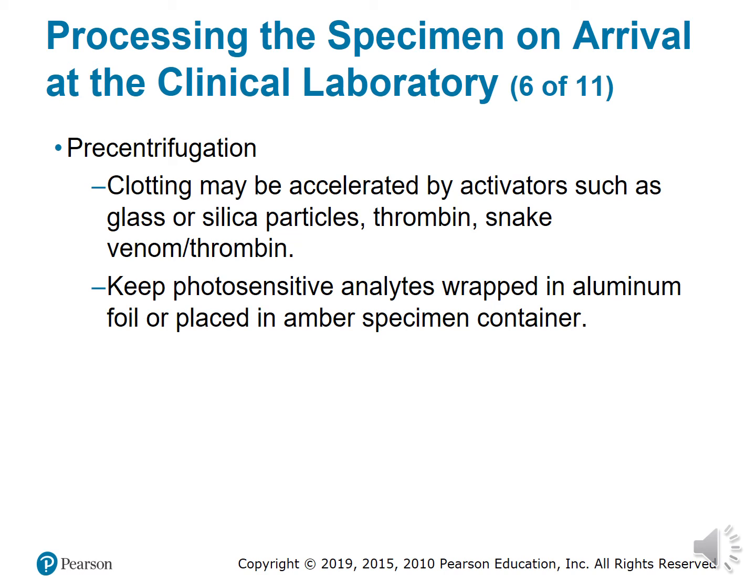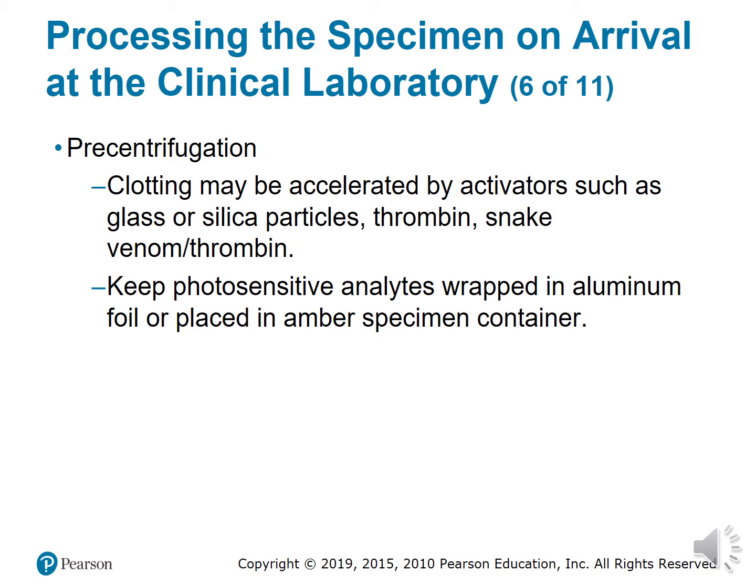Clotting may be accelerated by activators such as glass or silica particles, thrombin, or snake venom. All that's simply saying is that mixing the blood with snake venom or thrombin will cause it to clot almost immediately.